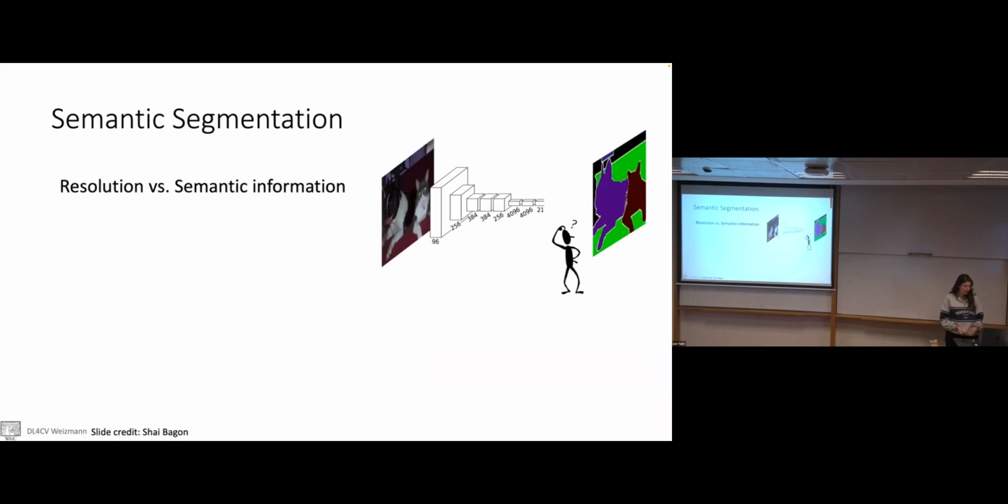So just to shortly recap what you discussed with Shai, there is a question in semantic segmentation of the trade-off between the resolution and the semantic information that you have.